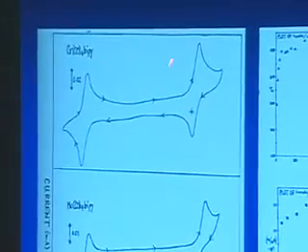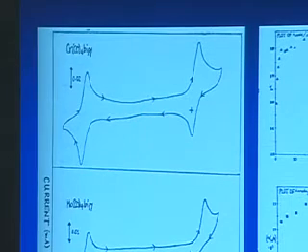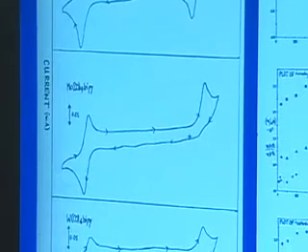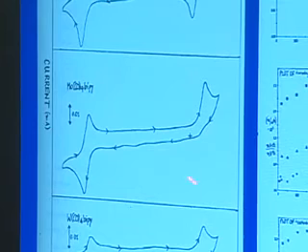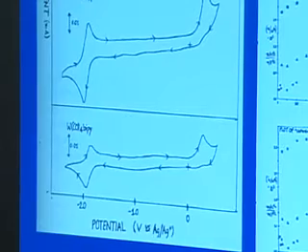And over here, for the chromium, again, it looks like it might be a reversible system for the oxidation. So as we're starting here, we scan, we see the reversible, we scan back, we see the reduction. Over here, again, reversible reduction, perhaps, with the caveat that I'm only showing you one scan rate, and clearly a non-reversible oxidation, and the same thing down here, non-reversible, but this might be reversible again.